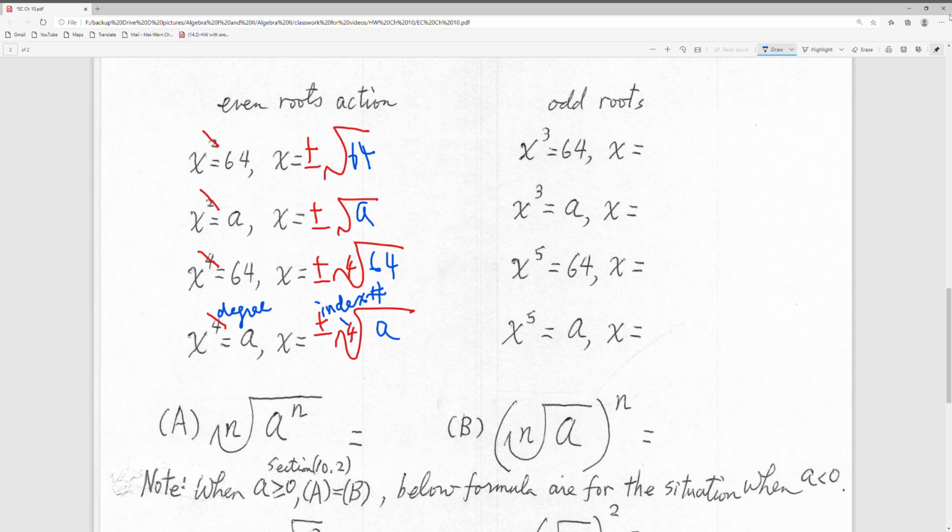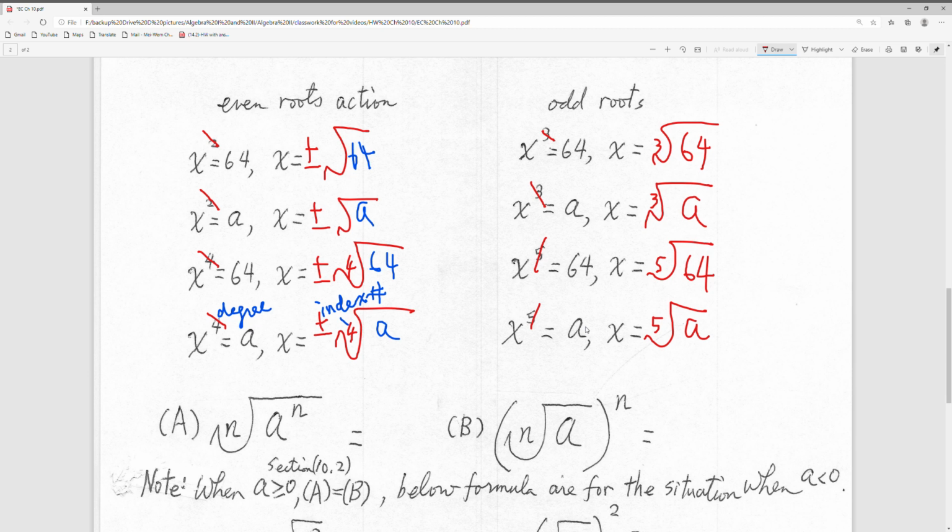Now, for the odd, when you want to solve for the cube, don't put the positive. Just the cube root. So it is the cube root, the 5th root of 64, right? Okay, so for the odd root, there's no positive.